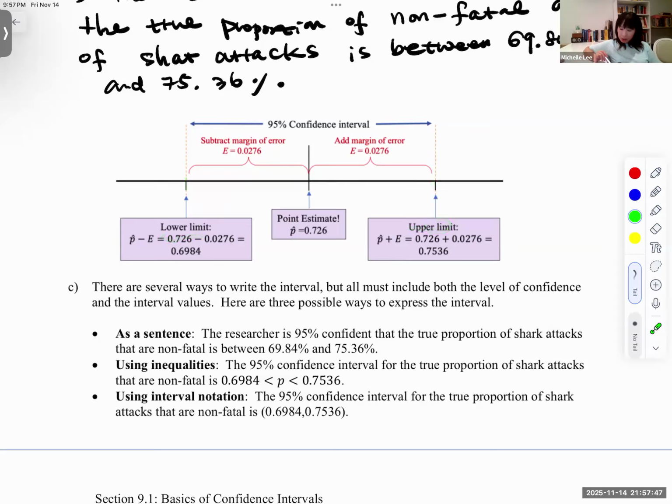If we are using an inequality symbol, then we say that the true proportion is between these, so we are using this form with inequality. If we are using interval notation, we did that earlier, so interval notation is like that. Make sense? All right.